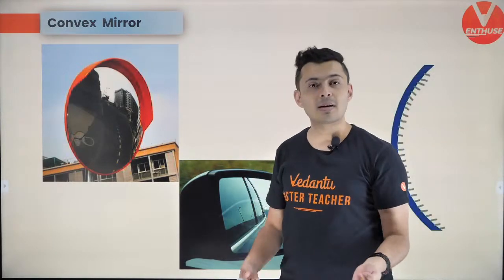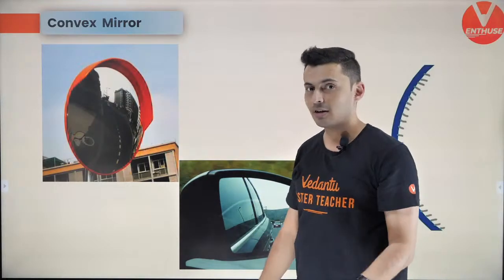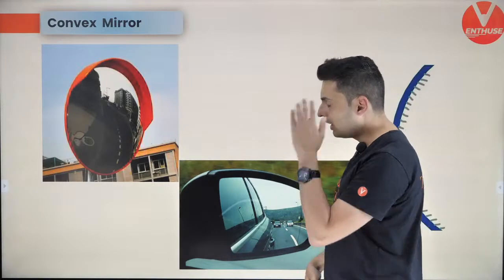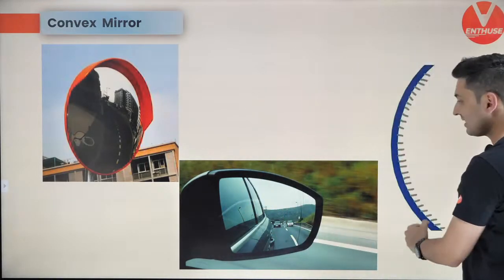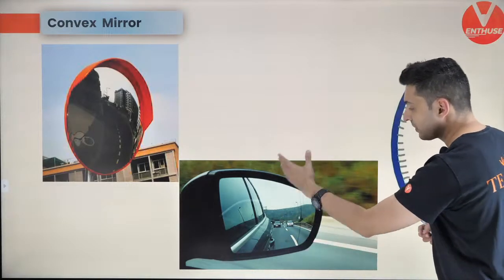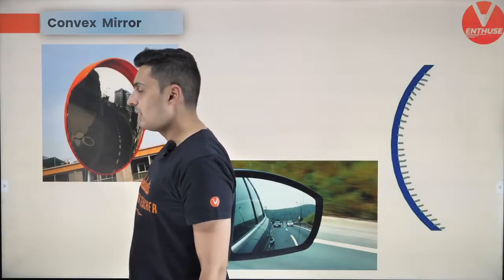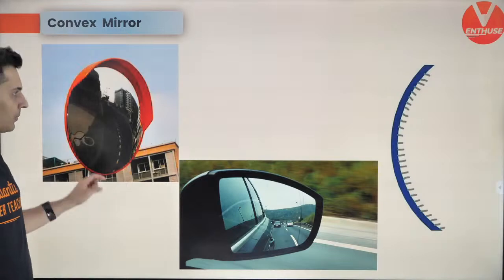Imagine a convex mirror produced a real image, then you'd have to take a screen to see it, and if the images were inverted, then you would see everything upside down and you'd have to figure out what exactly is happening. Luckily, the convex mirror produces erect, diminished, and virtual images, which makes it a very ideal mirror for these kinds of applications.